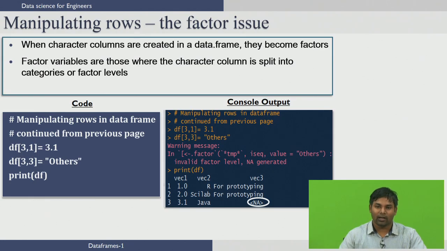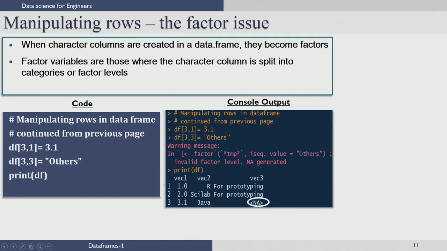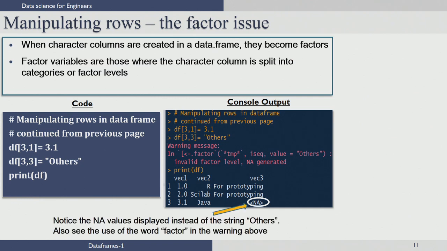When you enter character variables, it takes whatever character variables you are giving as categories or factor levels, and it assumes that these are the only factors that are available for now. When you want to change the element in the third row, third column to others, what happens is it will display a warning message saying that this others categorical variable is not available, and it replaces that with an NA.